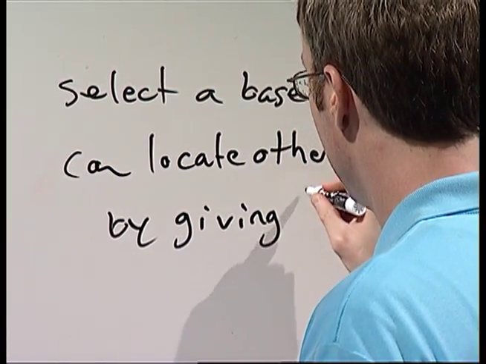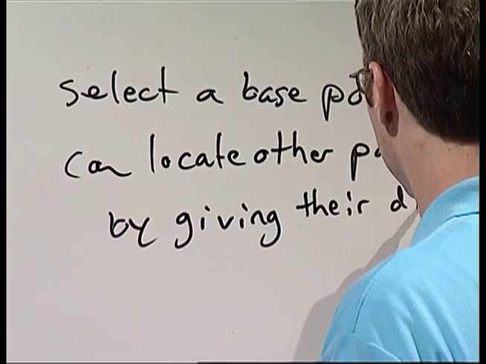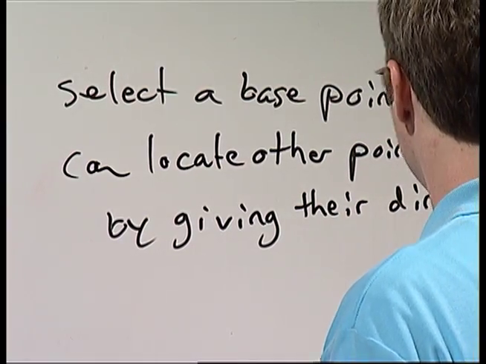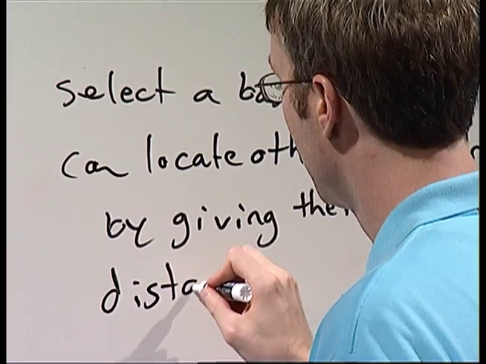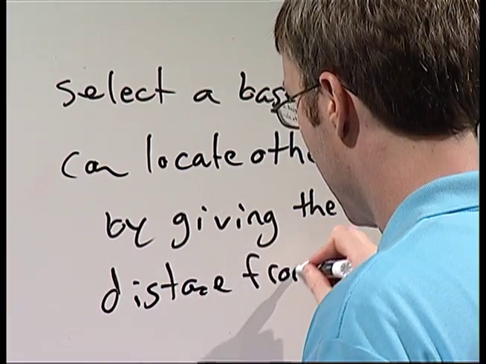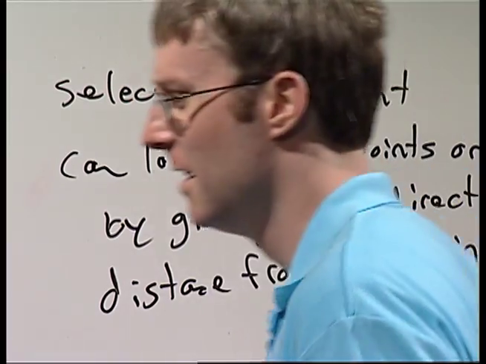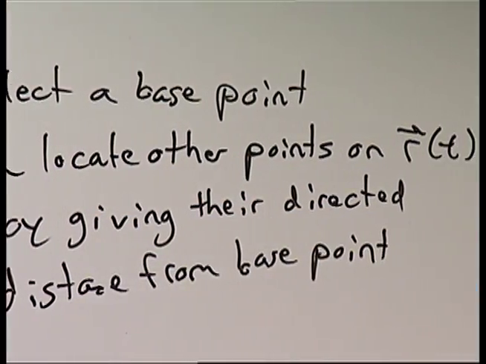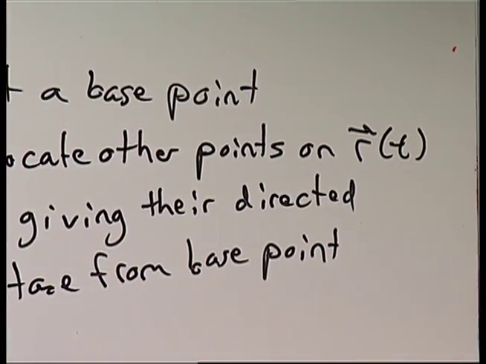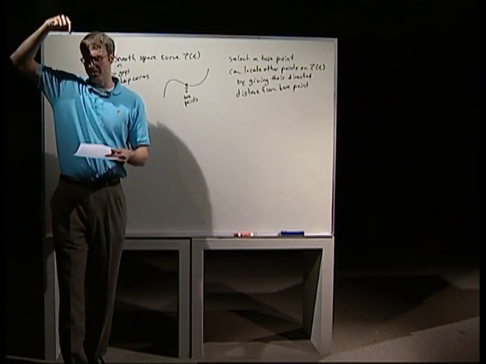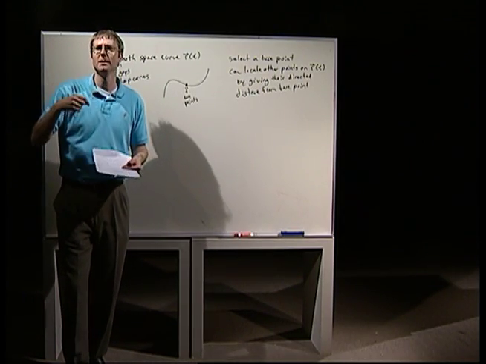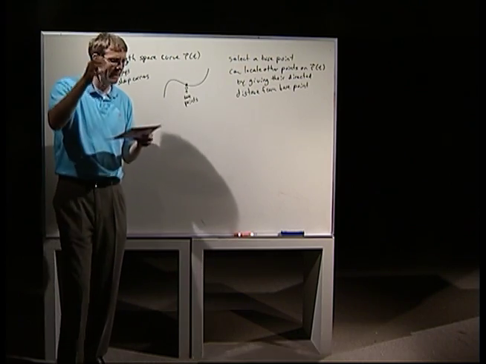by giving their directed distance from the base point, just like a number line. On a number line, 0 is the base point, and 1 is 1 unit in the positive direction. -1 is a unit in the negative direction. Same idea.